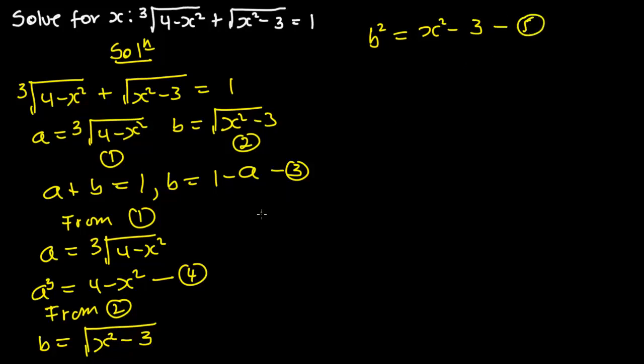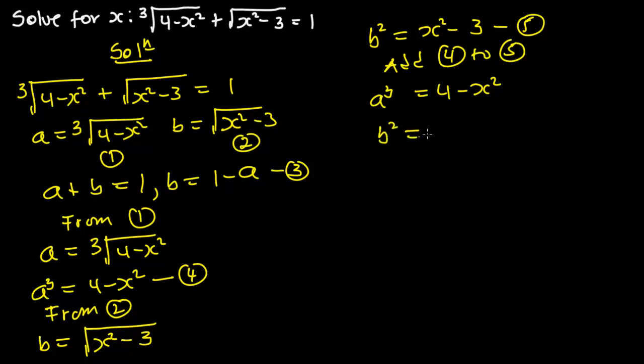What we are going to do next is add equation 4 to equation 5. Equation 4 is given by a cubed is equal to 4 minus x squared. Then equation 5 is given by b squared is equal to x squared minus 3.